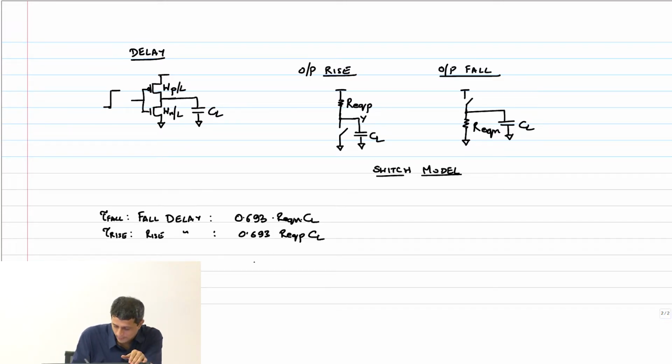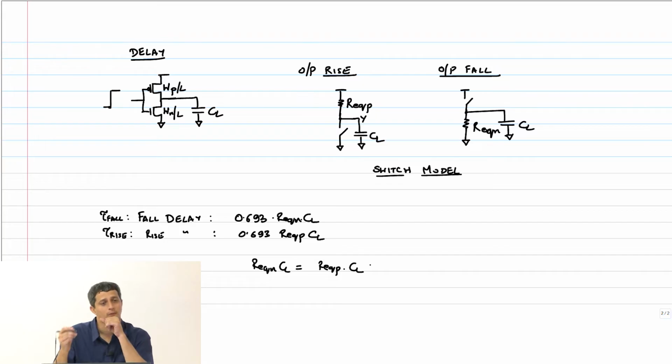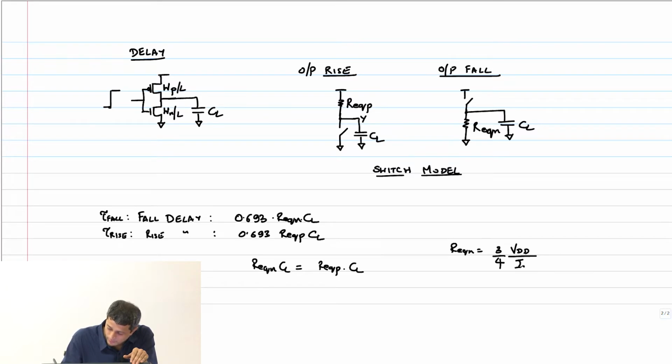Therefore, I would say R equivalent N equals R equivalent P into CL, right? So, what was R equivalent N? 3/4 VDD by ID sat N, right?